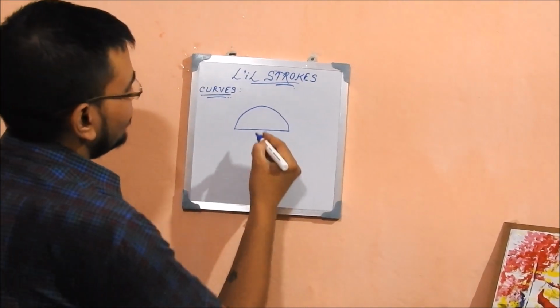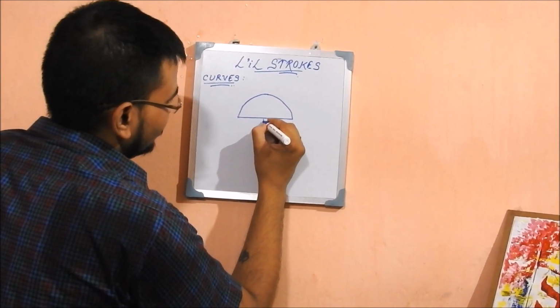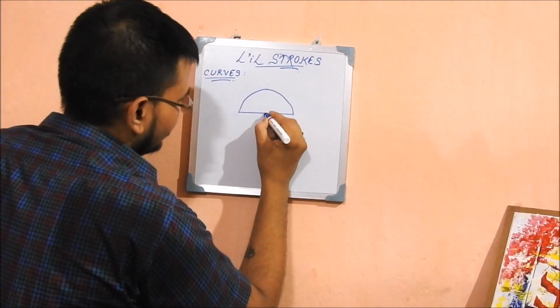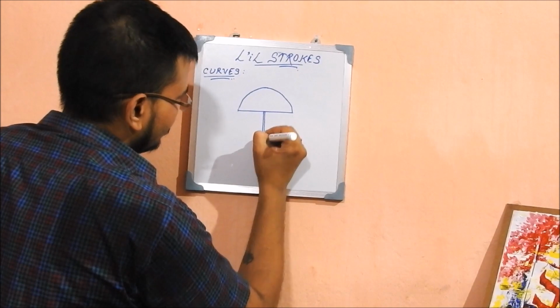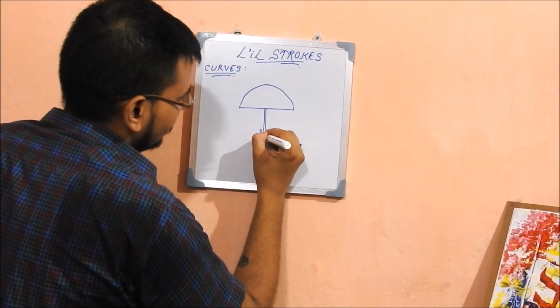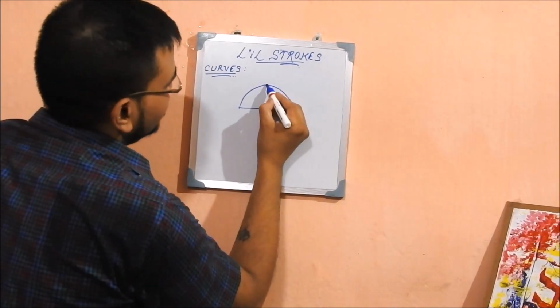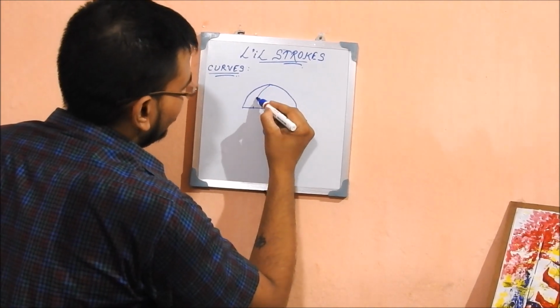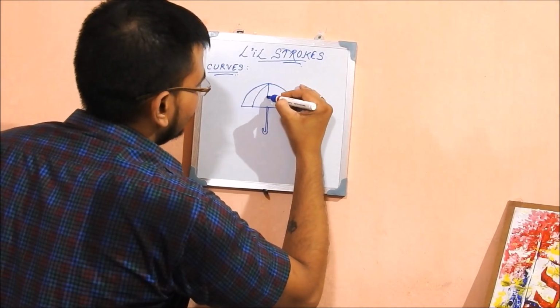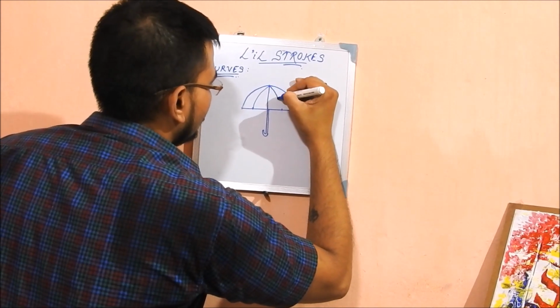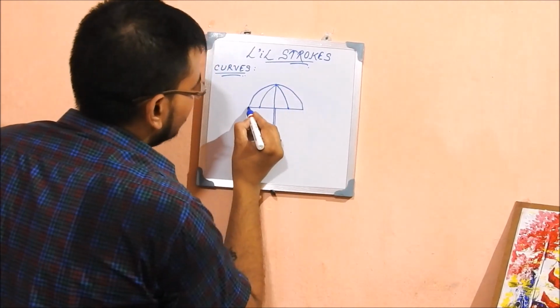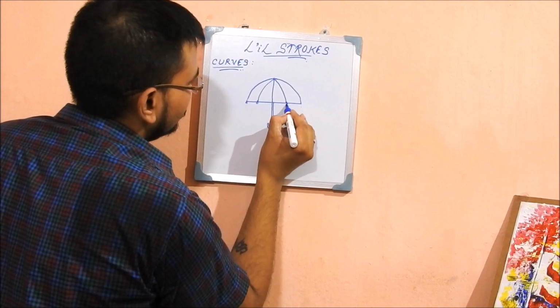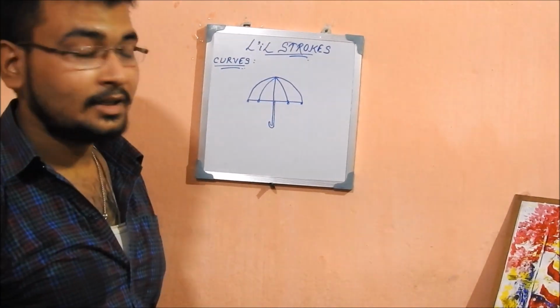Here the friction is not that good. So again one straight line and a curve. Then this is a point, you take some more points and make these curves. This is a straight line, like this. See, the umbrella is ready.